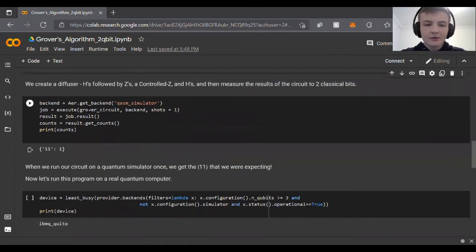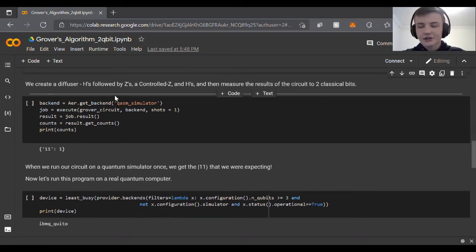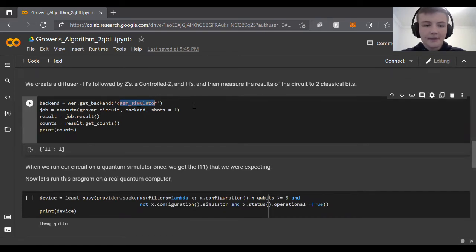Okay, so this is how we run our circuits on a Qiskit simulator called the QASM simulator, which is essentially supposed to serve as a kind of quantum simulator. We define our backend as a QASM simulator. We create a job, we execute the job with only one shot, which means we will only run the simulation once.